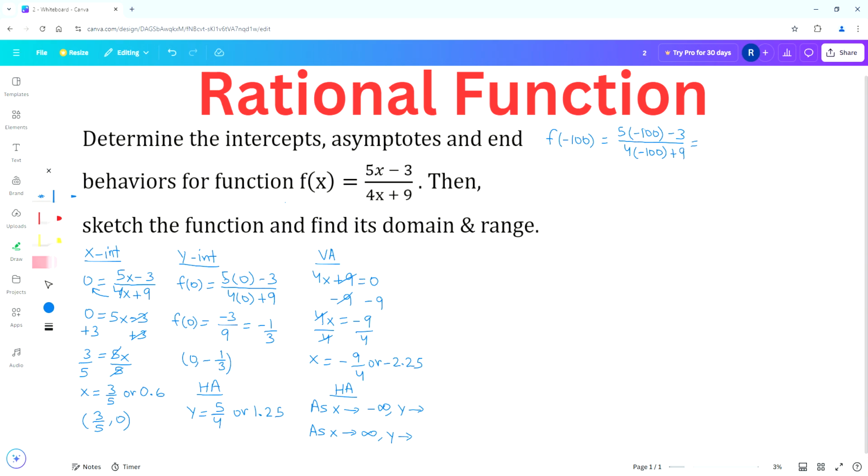In the numerator, 5 times -100 is -500, -500 minus 3 is -503. In the denominator, 4 times -100 is -400, plus 9 is -391.